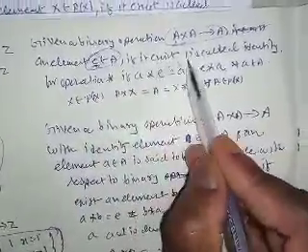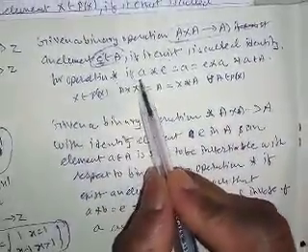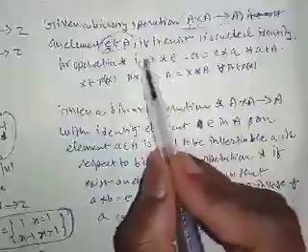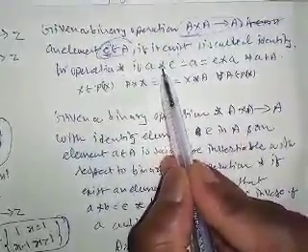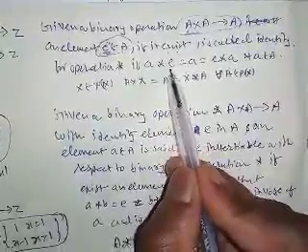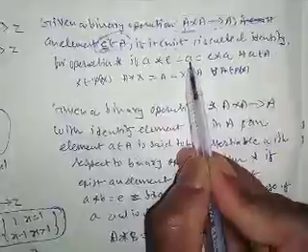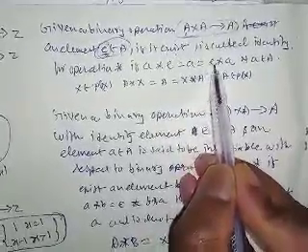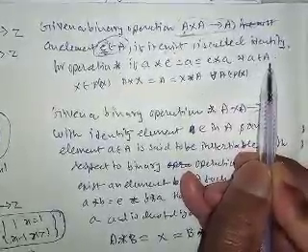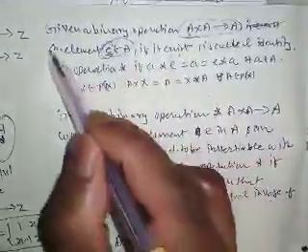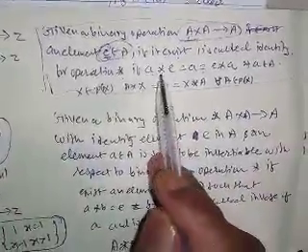If it exists, it is called an identity element for the operation star if, let us take a capital A, A star X is equal to capital A is equal to X star A for every capital A belonging to A. This is the basic definition. From there we have to define our definition.